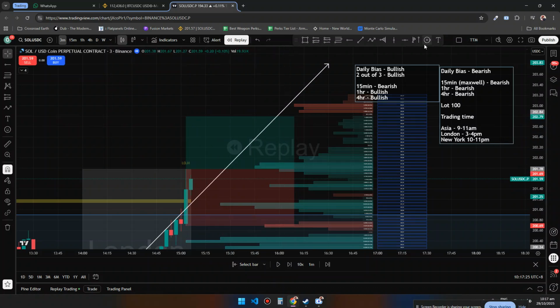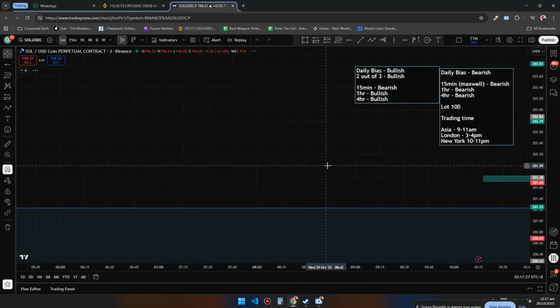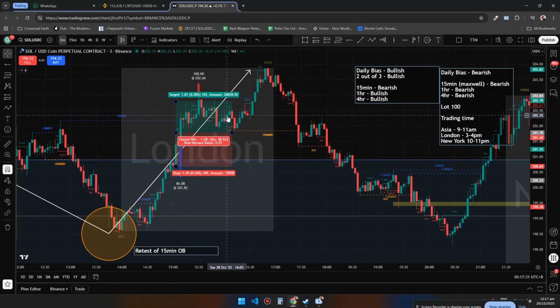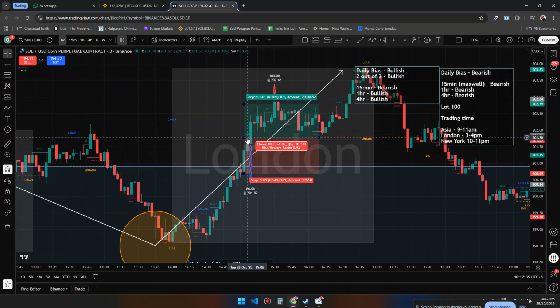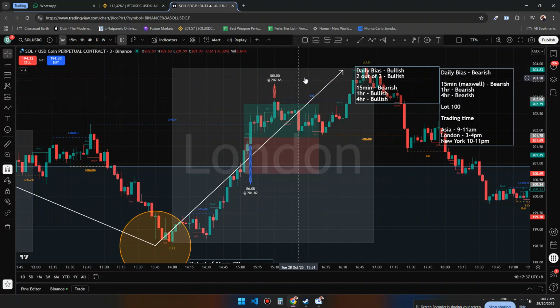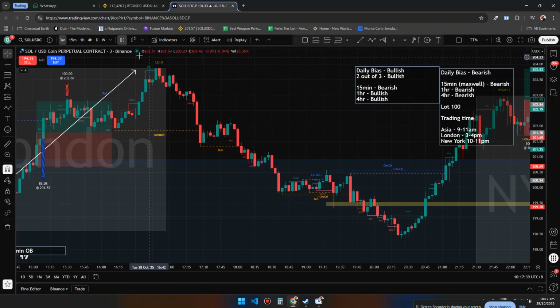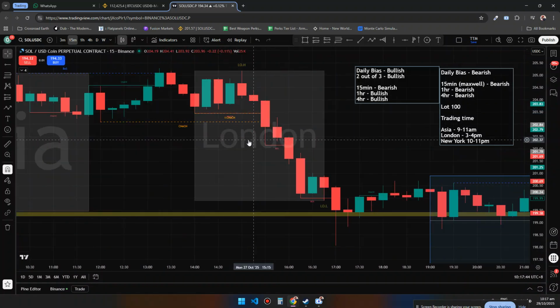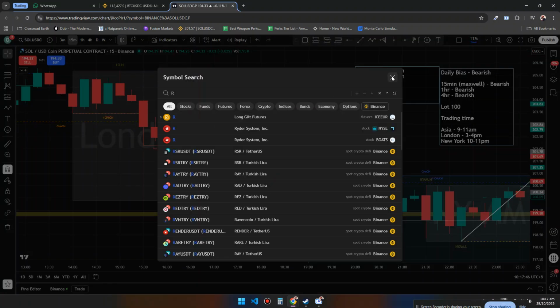Yeah, I only took like 0.5%. So this is the trade that I took. Like I enter here, you can see I enter here and then I stop here. So 0.5 profit. Okay.